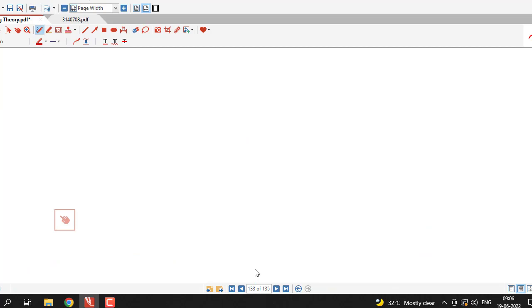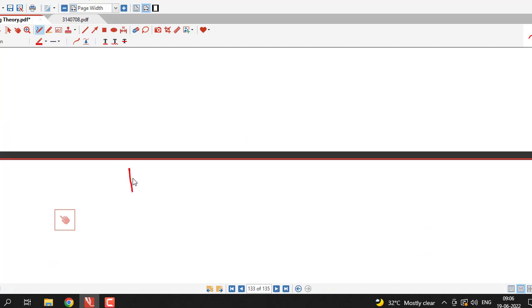Suppose I am given some set R on which I am given two operations, addition and multiplication. Again I emphasize that addition and multiplication are the notations for the two binary operations on a ring. They may be different operations also, so these are not specific operations. Instead of star, we are using the notation plus for one binary operation, and the other binary operation is denoted by dot.